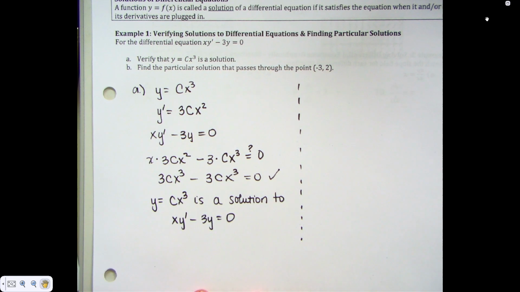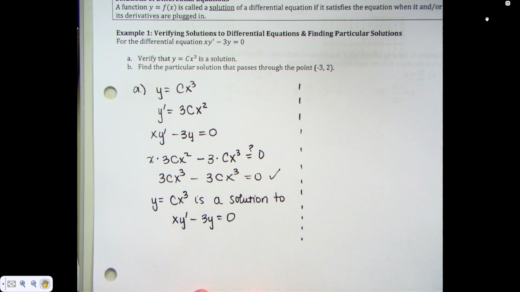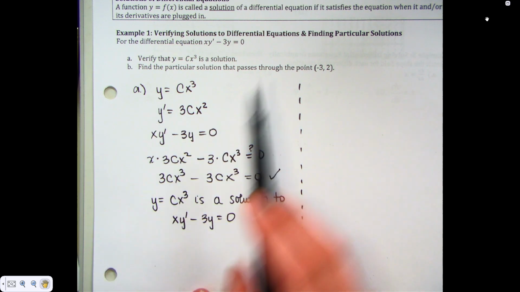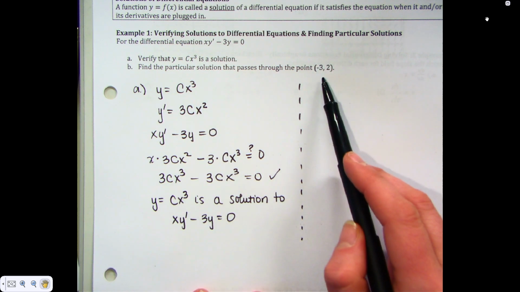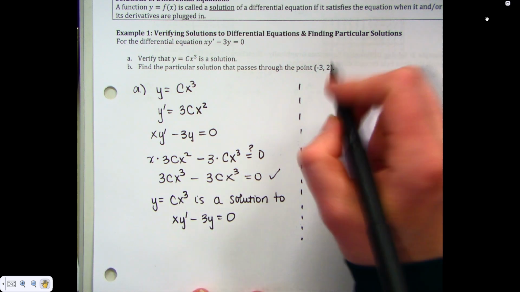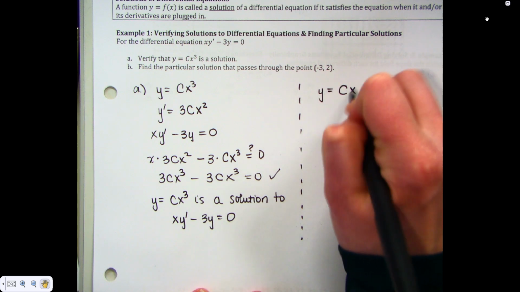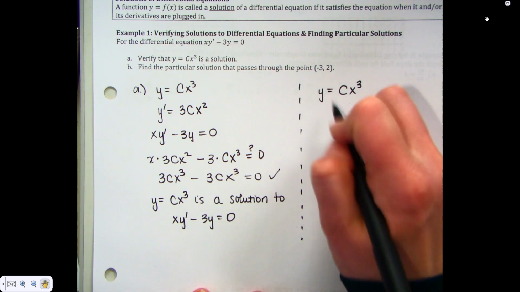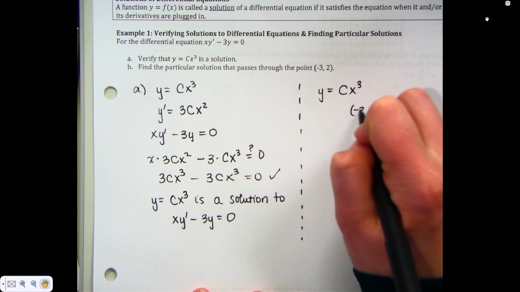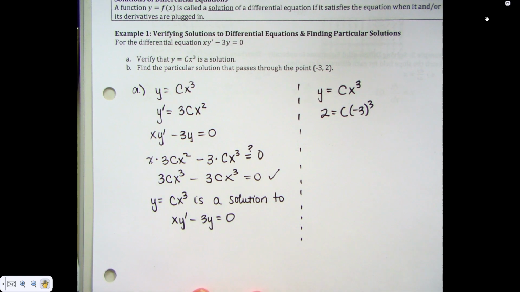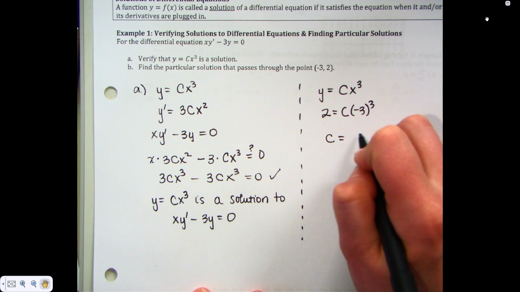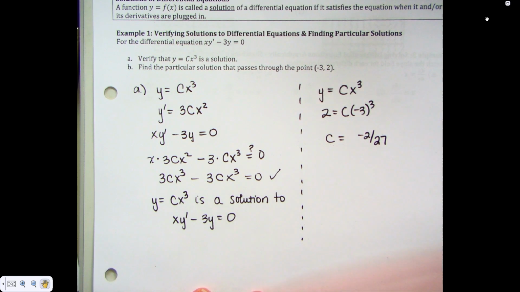Find the particular solution. Just like when we did integrals, here they're saying, okay, so now if that is my equation, y equals cx cubed, then which c value would go through the point negative 3, 2? So y equals cx cubed, knowing that that is a solution, and that when you plug in a negative 3, you get a 2, we could determine that c is negative 2 over 27.